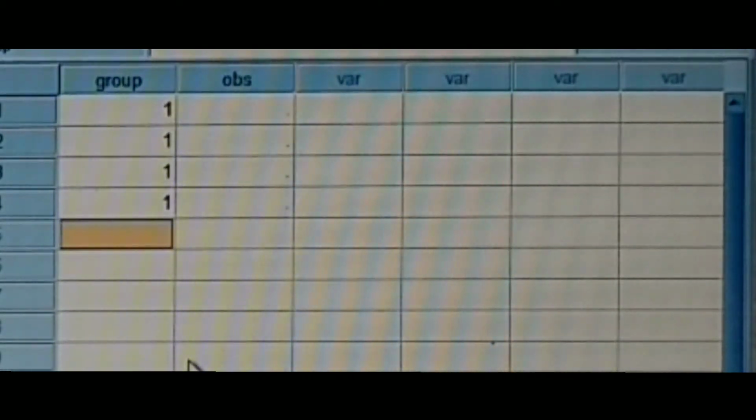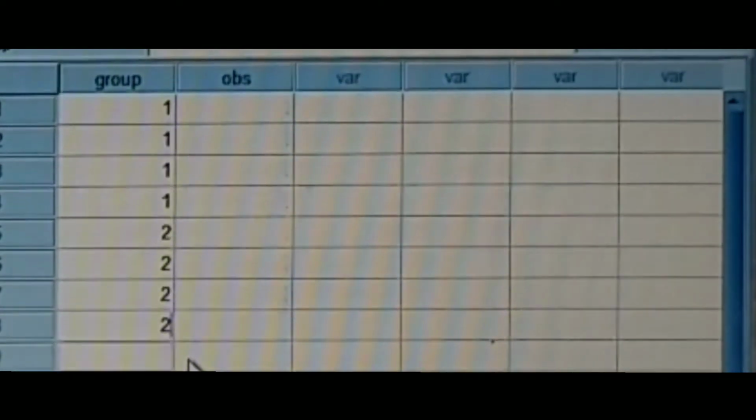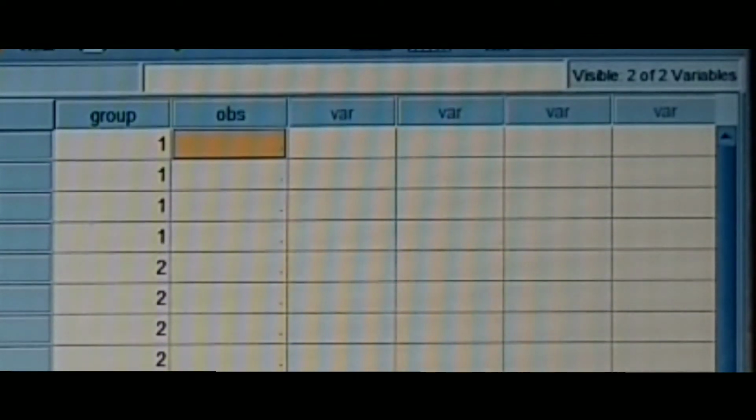So for the encoding, we may type for the group column 4 ones, 5 twos, and 4 threes. And then after that, we will type the observations in each group.